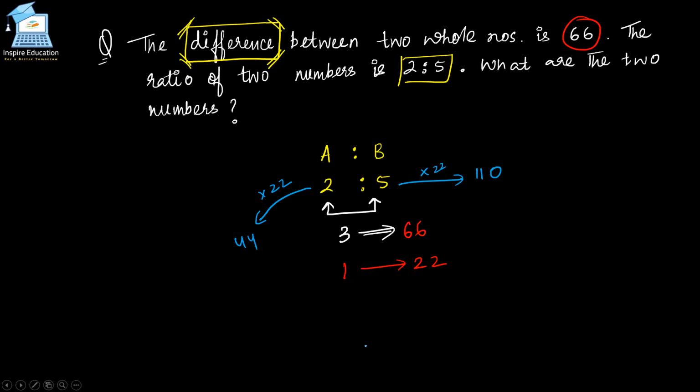Okay, let's move to another question. The ratio of two numbers is 2:3.